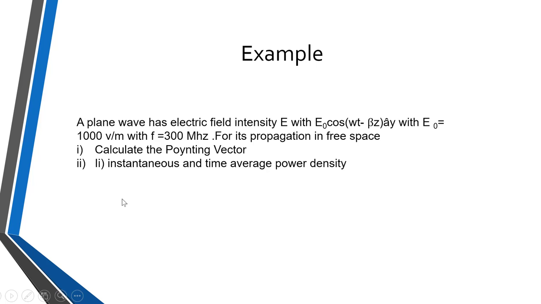To solve this, first we have to find the Poynting vector, and the Poynting vector is given by P bar is equal to E bar cross H bar. E bar is given to you: E naught cos of omega t minus beta z.